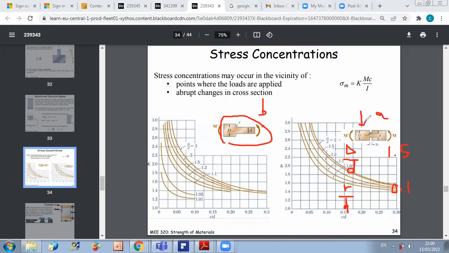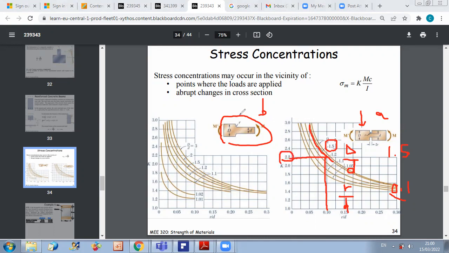I have big D over small d equal to 1.5. As you can see, this is 1.5. It corresponds to this curve. And I have that r over d is 0.1. It corresponds to this line. So the intersection is nearly at K equal to 0.2.